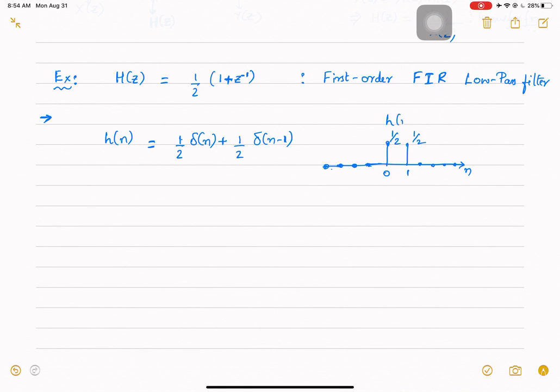This is h of n and the axis is n, so you can see that the length of this impulse response is finite. It has two impulses, one at n equal to 0, and one shifted impulse present at n equal to 1, and both scaled by a factor of half.